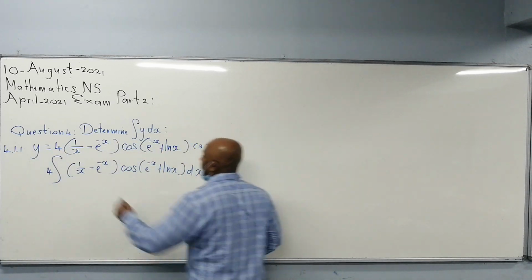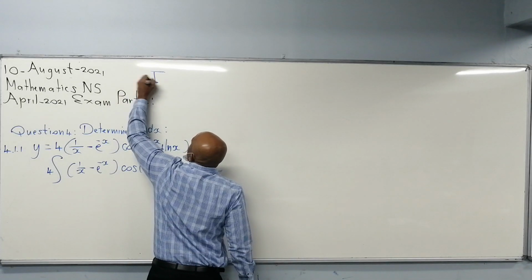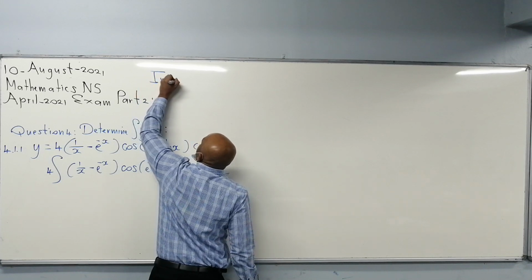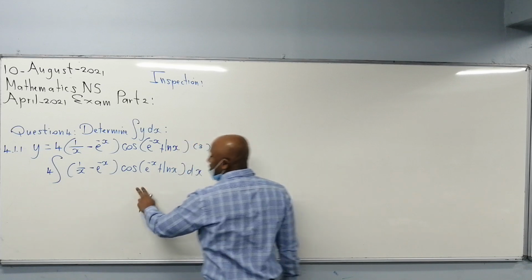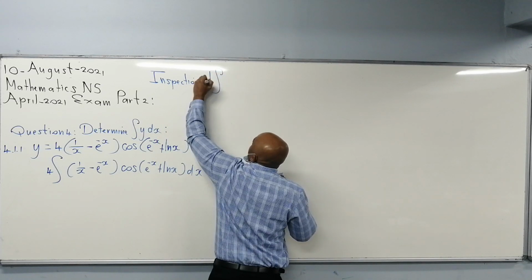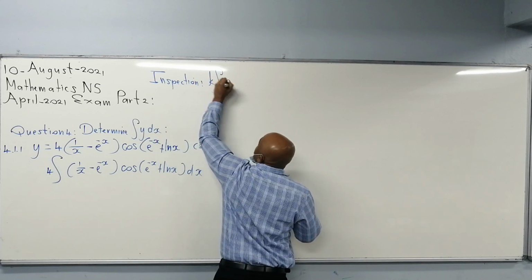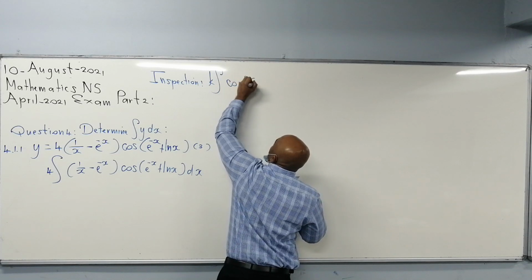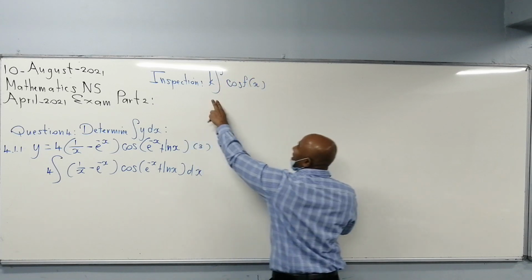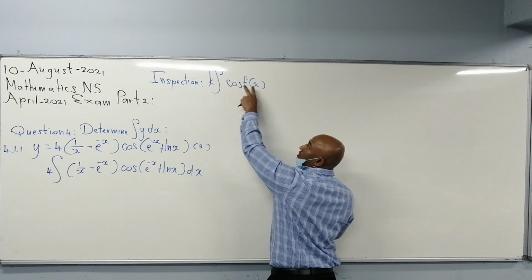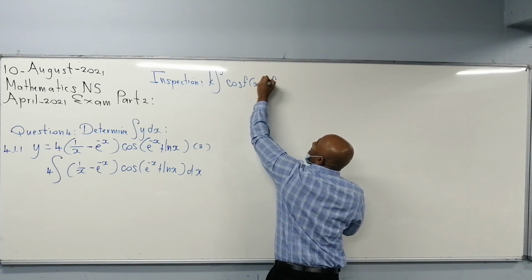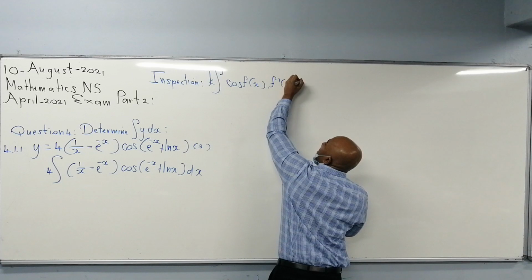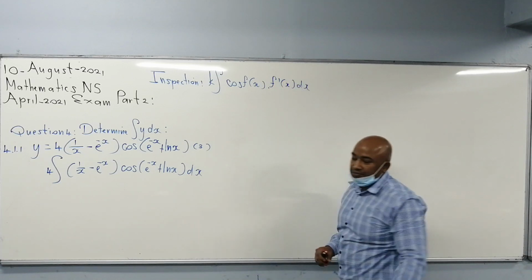So now, by inspection, we are dealing with a situation where you have cos of f of x. Okay, you're integrating, you got cos of your function of x multiplied by the exact derivative there. So that is f prime x.